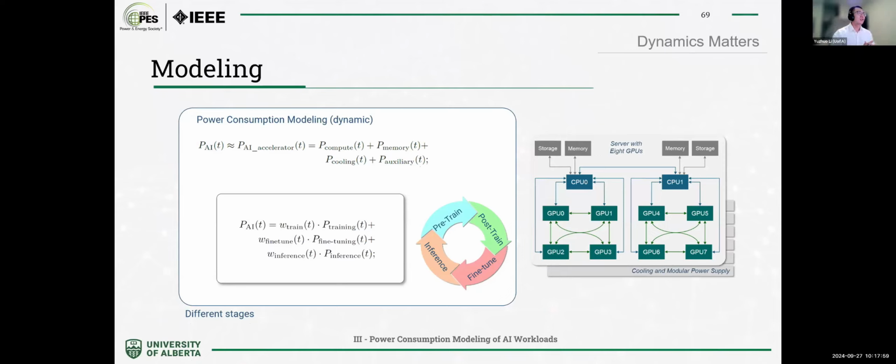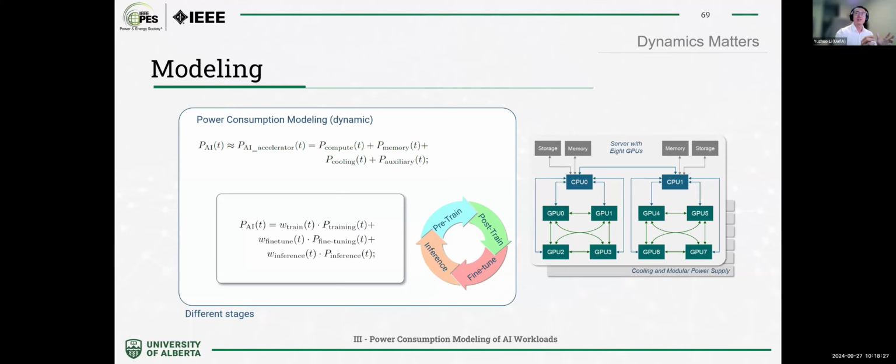Actually, currently there's no very specific way to calculate this term from what we have learned and observed. The easiest part is probably training, because we can control the peak power and the checkpoint timing, so that can be well controlled.